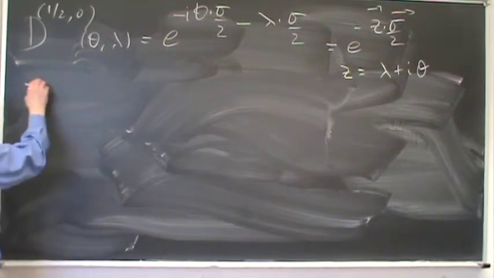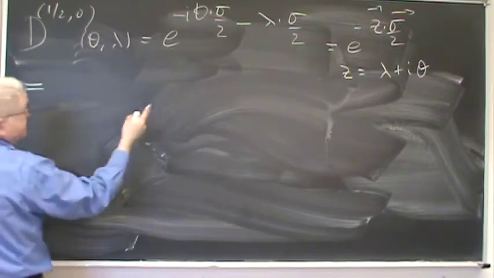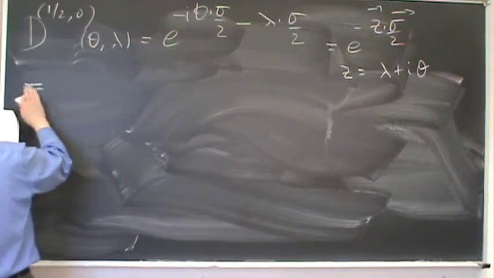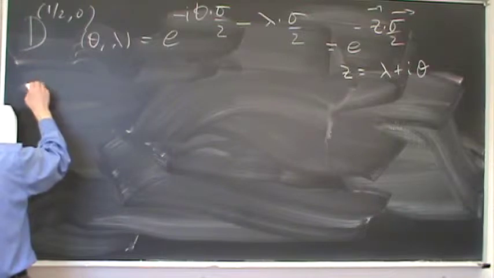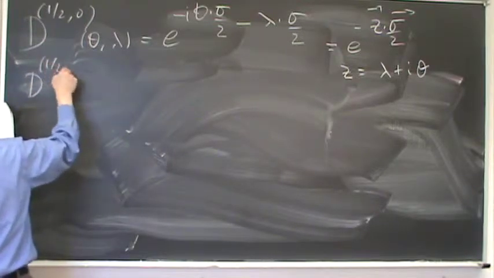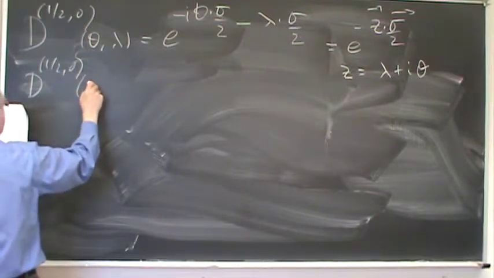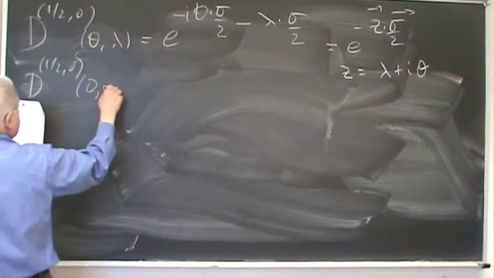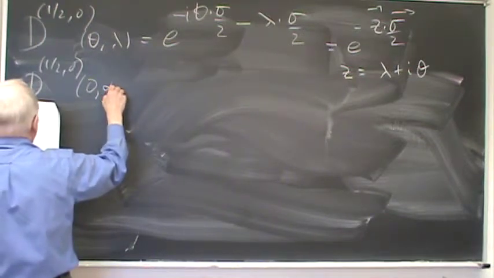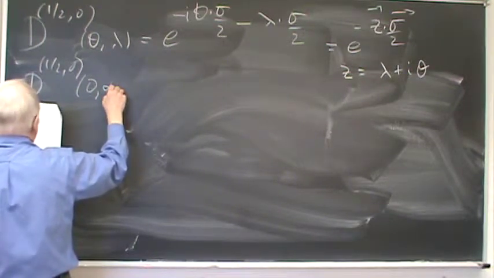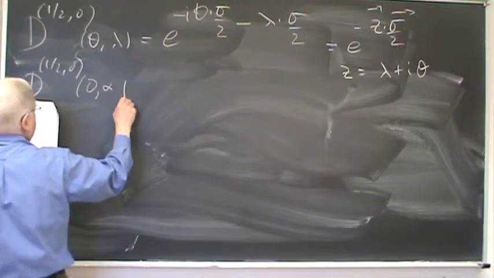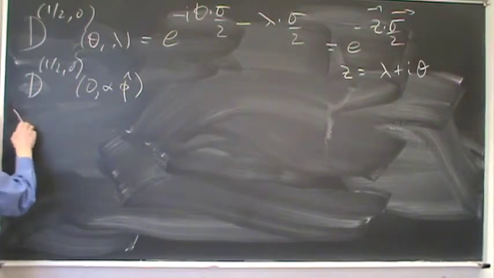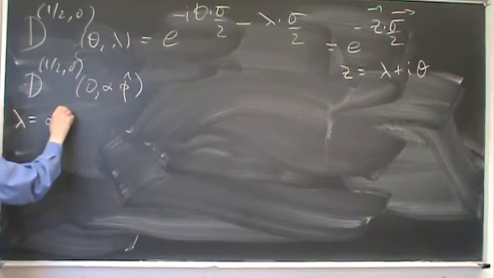This representation, you can multiply these out because these are just 2x2 matrices. And it turns out that if we're talking about d 1/2 0, no rotation, just a boost of angle alpha, or rapidity alpha, in the p hat direction, so that lambda is alpha p hat.